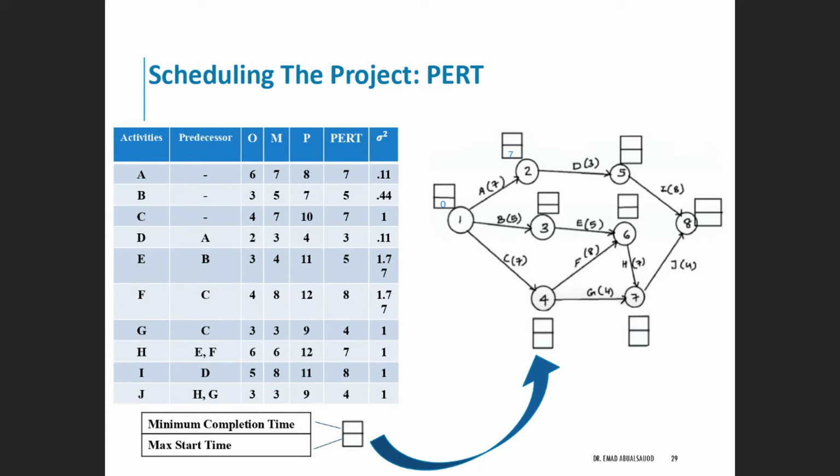Now for the next one, 0 plus 5 will give me 5. So we put the 5 as the max start time for node 3. And for node 4, 0 plus 7 will be 7. So we put 7.